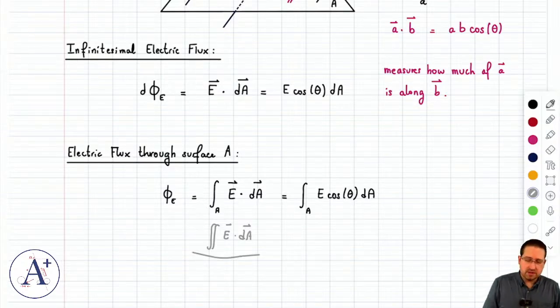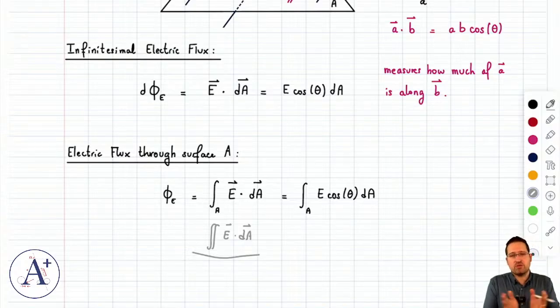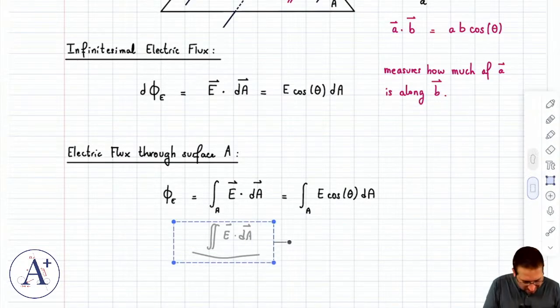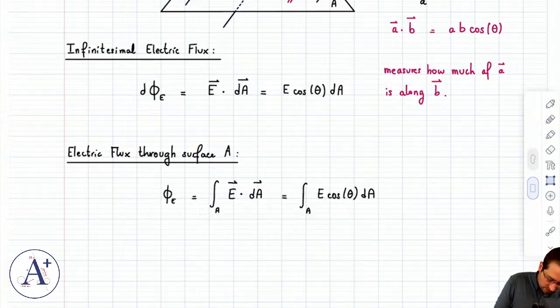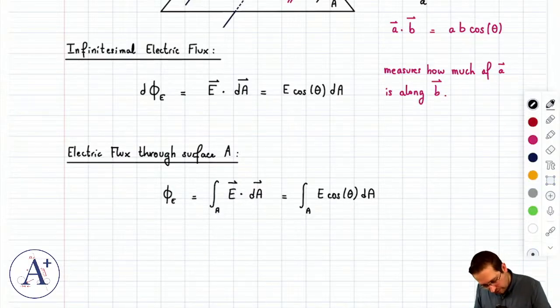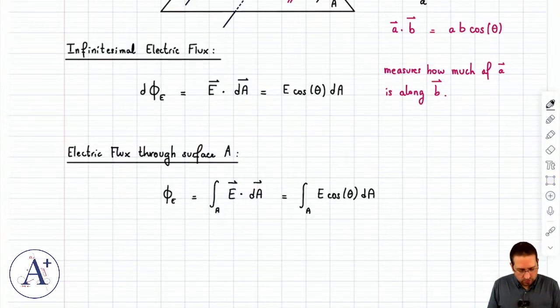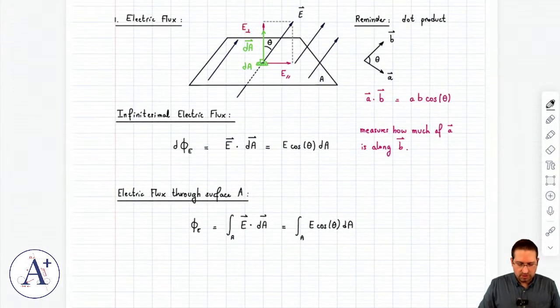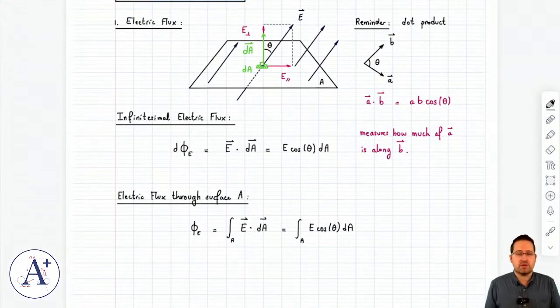Two integrals just means the same thing. It's the integral this time over two variables, so over an area. Okay, so it's equivalent notation. I usually tend to like the double integral sign instead of just one with the subscript A. It's really just force of habit. I spent way too long doing physics with double integrals to give them up. But it means the same thing. Okay, so you could write it however way you want.